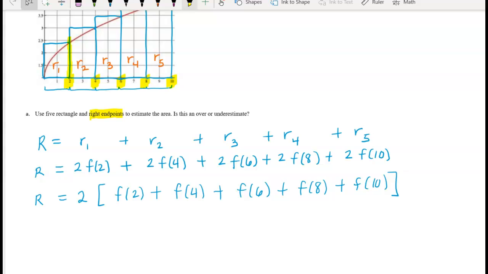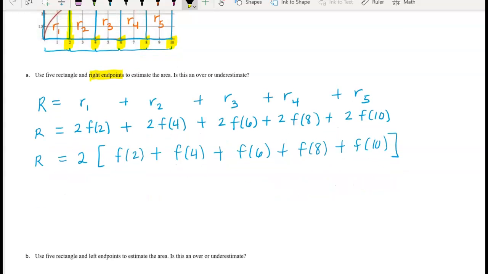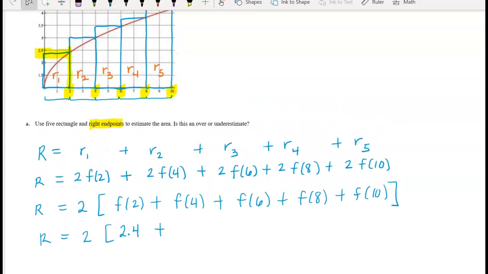When x is equal to 2, it looks like the function value is maybe about 2.4. So I'll put that here. When x is equal to 4, we said that the output value looked like it was about 3. When x is equal to 6, the output value is about 3.5, just a rough estimate here.